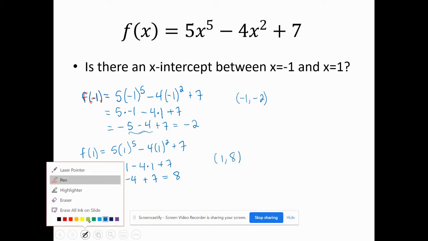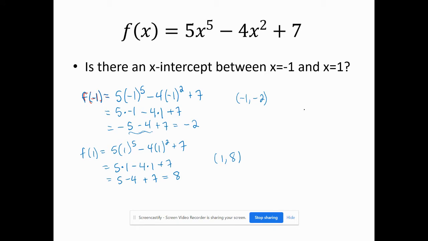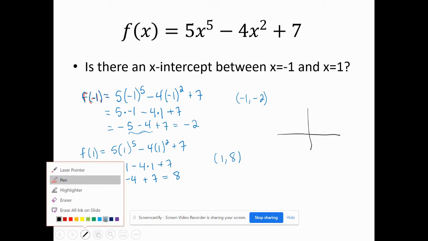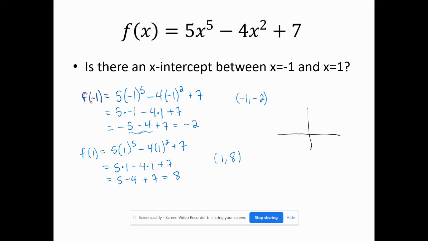Now again, you might be thinking, how does that help? Well, let's just think about this. If I plot these two points, there's (-1, -2), roughly there, and then (1, 8). The question asks, is there an x-intercept between these two x values?